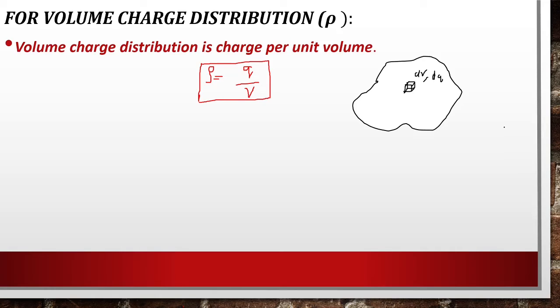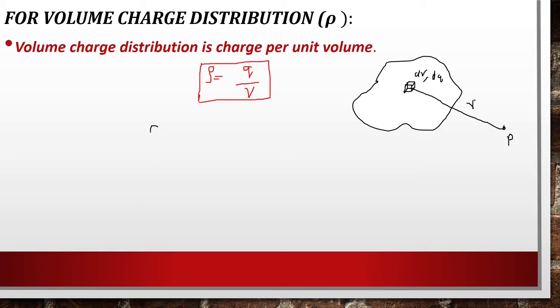And we are considering a point P here. And the distance from this volume element to P is R. And electric field at P due to our small volume element is dE.